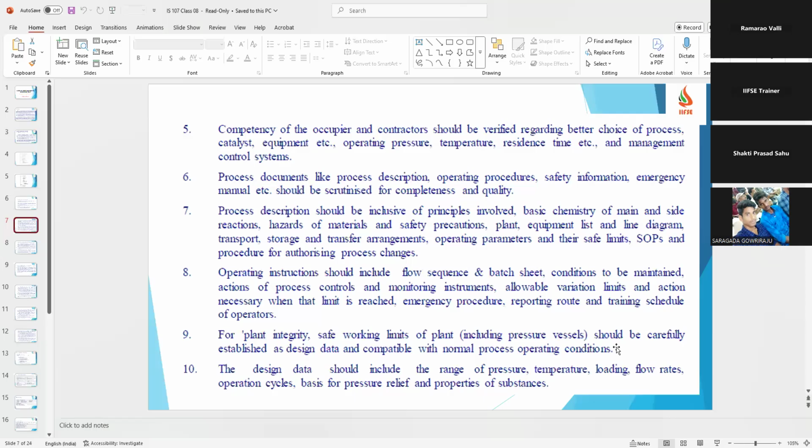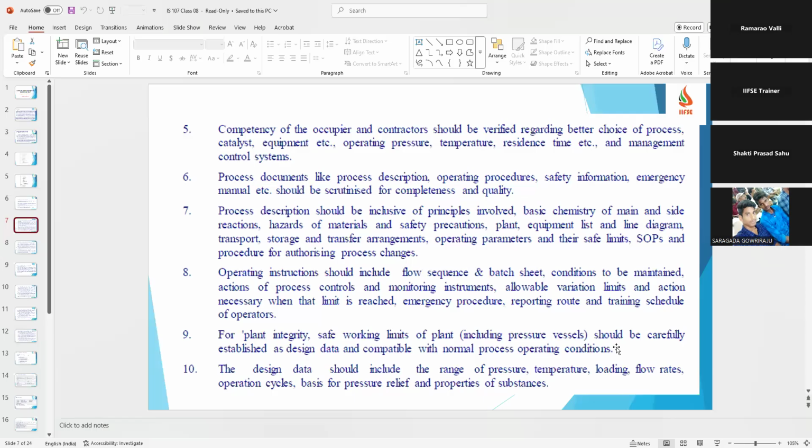And again, the design data should include the range of pressure, temperature, loading, flow rates, operation cycles, basis for pressure relief, and the properties of the substance. When we talk about the design data, the process design: at what pressure it will operate, what will be the flow rates, what will be the operation cycles for one product, and other pressure relief systems and properties of the substances.